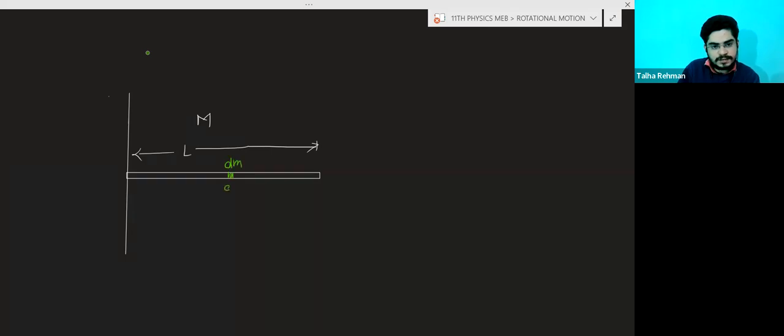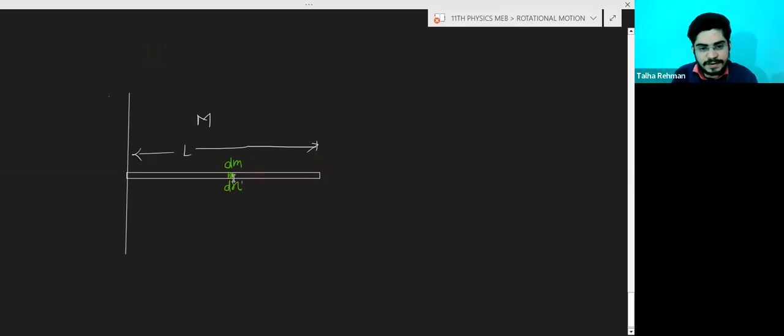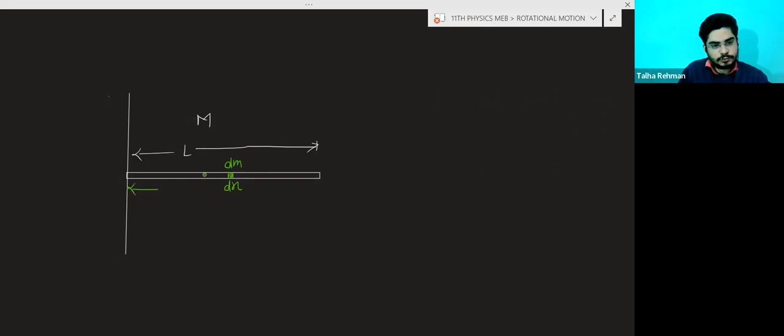This element of the rod has length dx and mass dm, and the perpendicular distance is x. Now it is very easy. To find the moment of inertia, you have to do the integration of dm into x square.